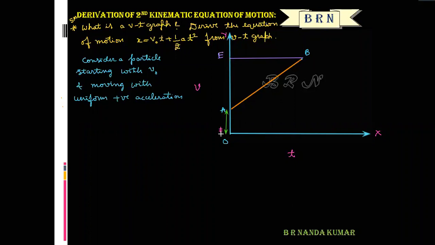Point O to point E. What is this? This is the final velocity of the particle, right?